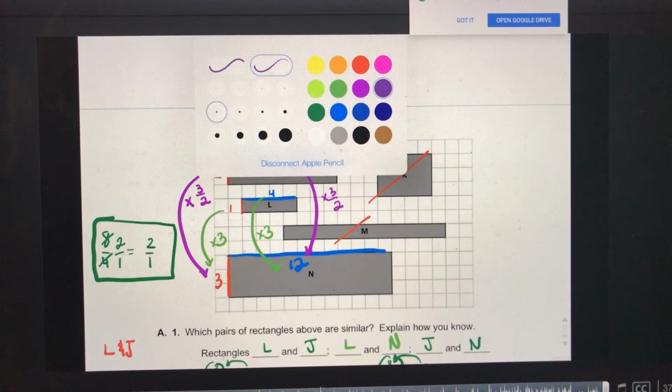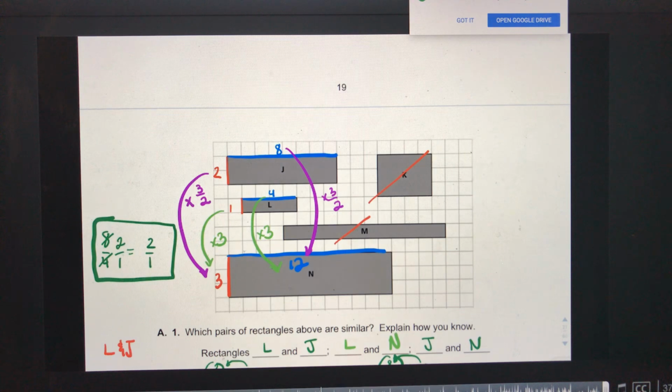Okay, so we're going to start with L. L is 1 side length of 4 side length, so that's 1 plus 4 plus 1 again plus 4 again. So add those all up, 4 plus 4, 8 plus 1 plus 1, that's 10.